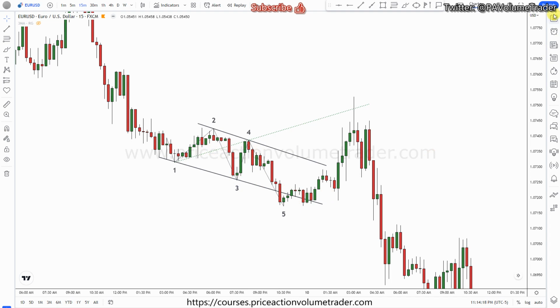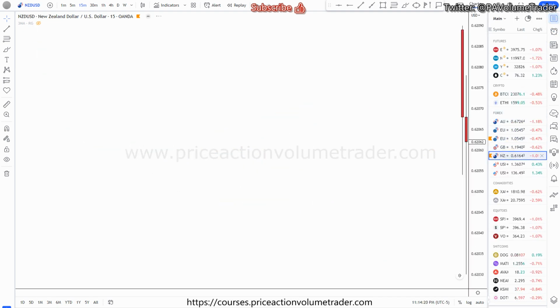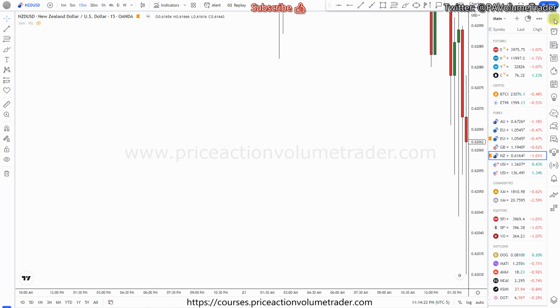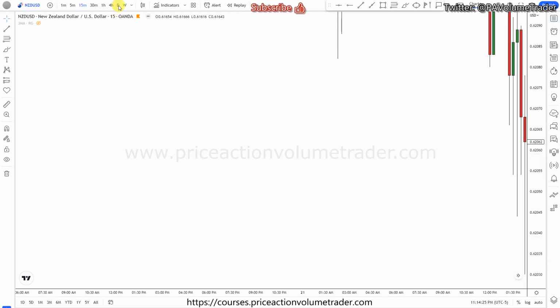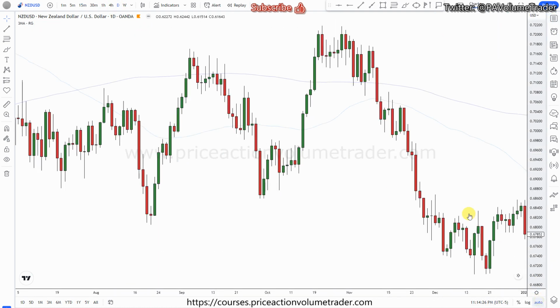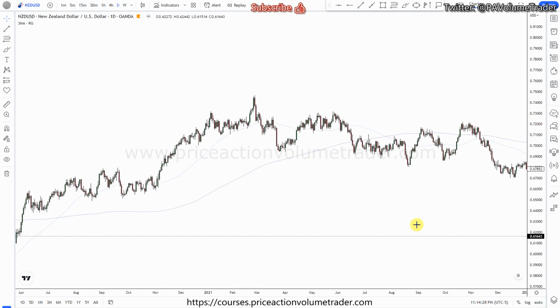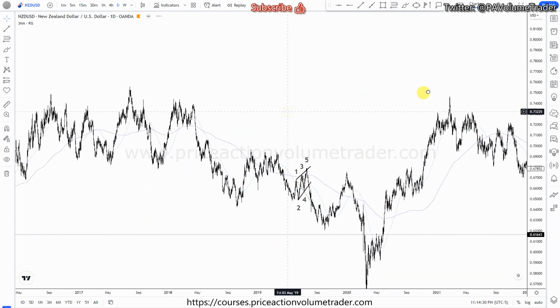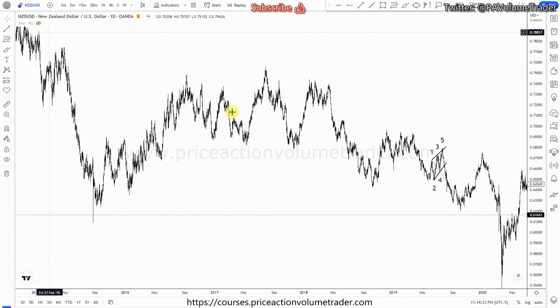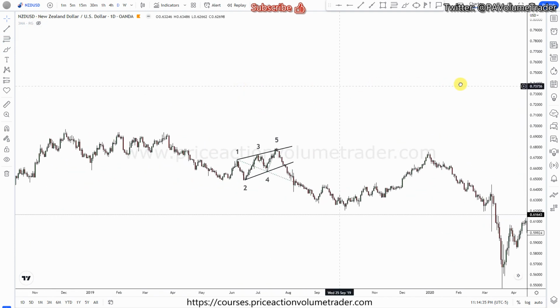And then I have here another very nice example in another Forex pair, which is the New Zealand US dollar. Let me see where I have this. Okay, it's here. Let me hide the moving averages.